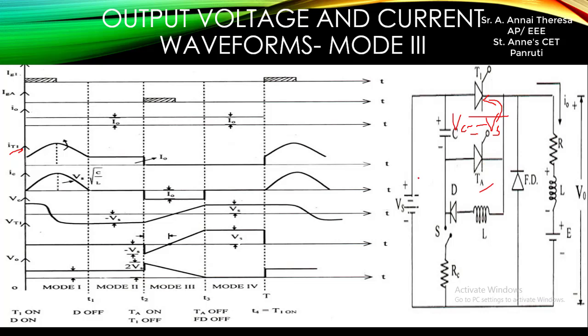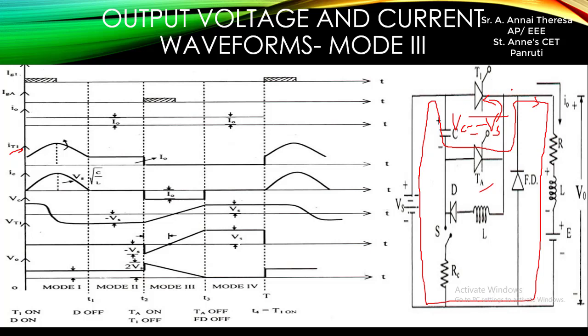The load current will flow through the capacitor, TA, and then the load. Now this thyristor is in off condition.